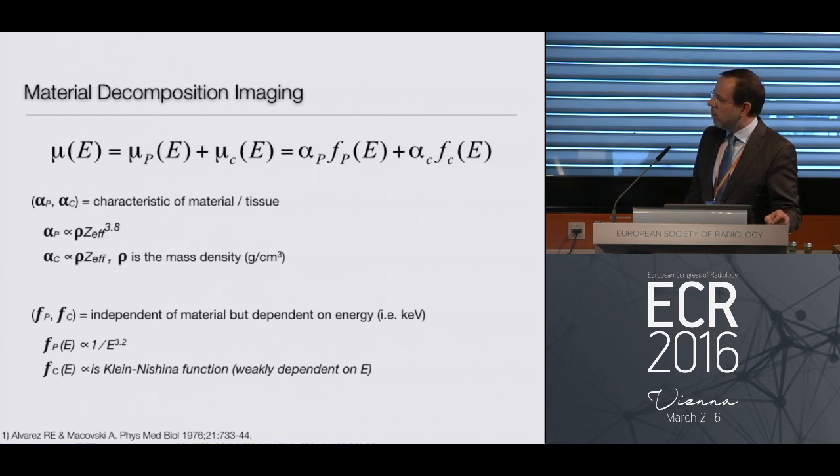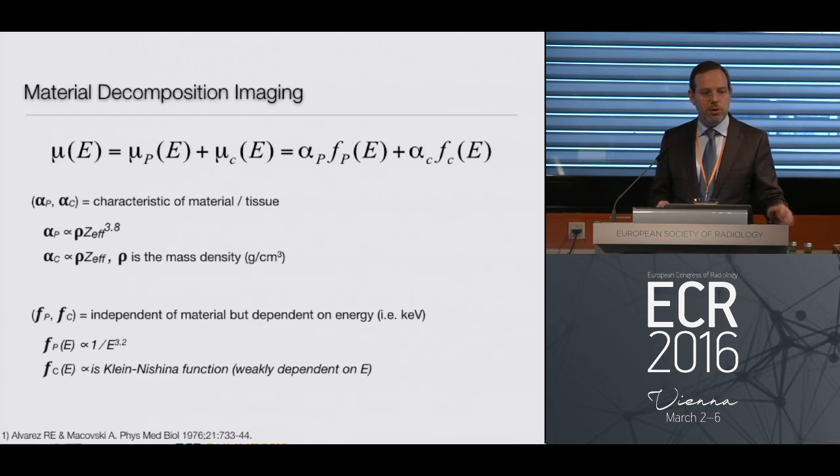So a little bit more mathematics. So we have the attenuation as a function of photoelectric and Compton, but we can also express this attenuation as a product of alpha and F. And alpha is a characteristic of the material and tissue, whereas F is independent of the tissue composition.